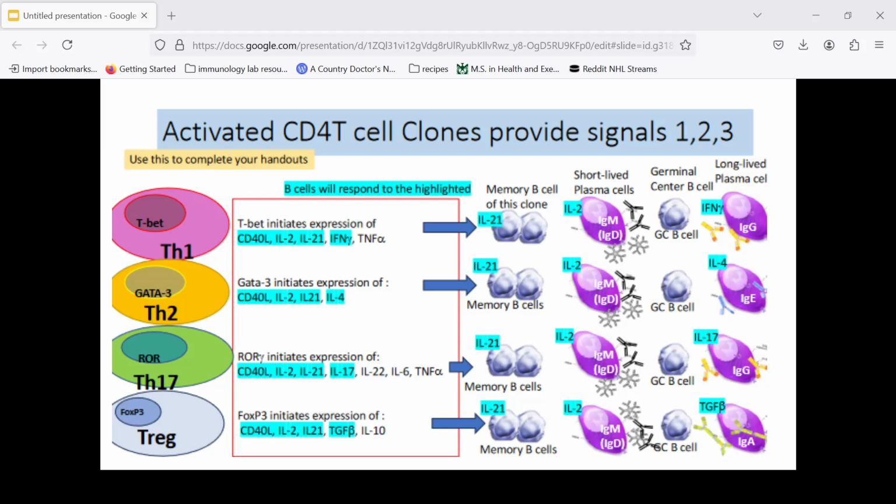Any nucleated cell has MHC1, which means hypothetically anything that can present on MHC2 can also present on MHC1. The difference is that a dendritic cell has the ability to present on MHC1 whatever it has processed through phagocytosis.